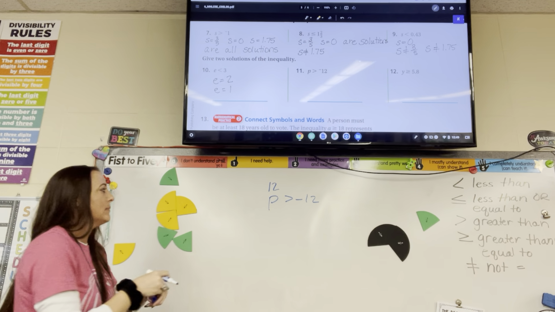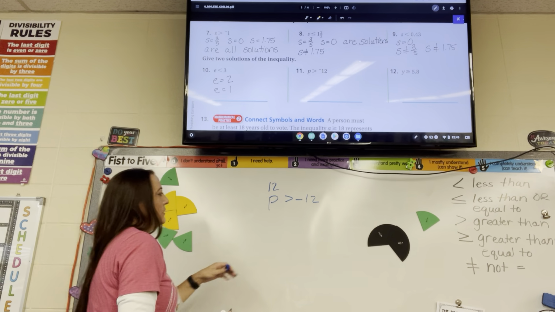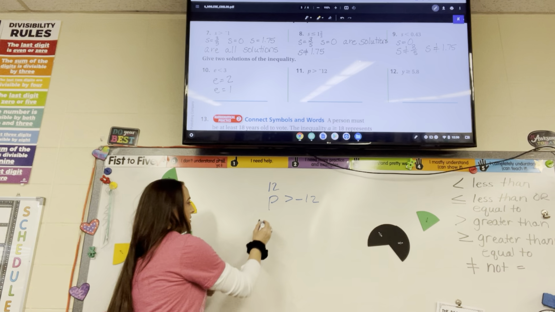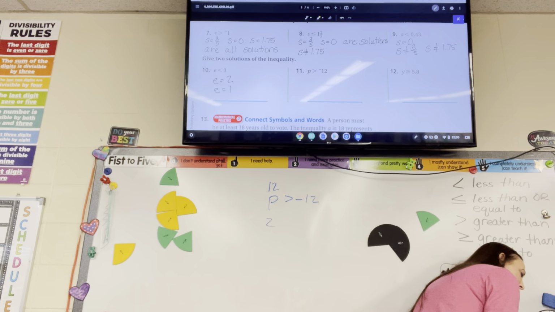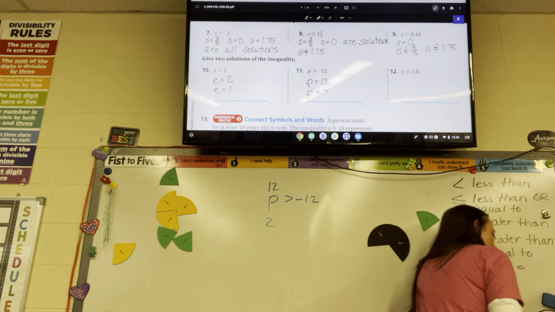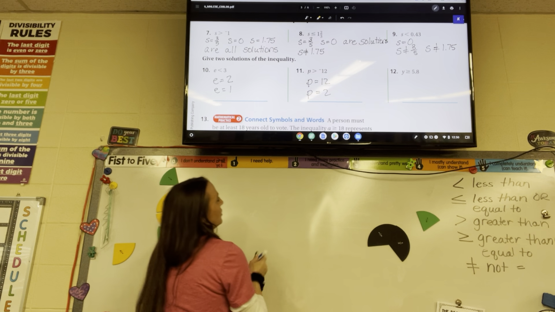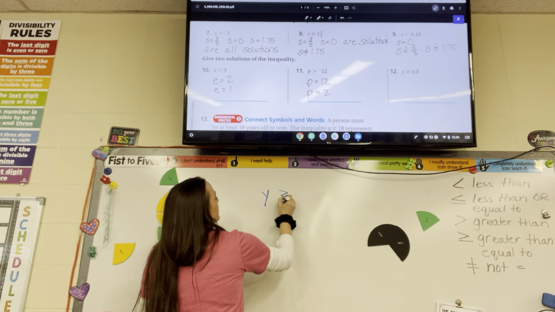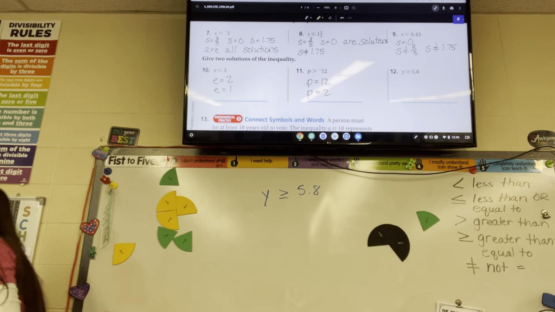And Katana, give me another one. Positive 2 is greater than negative 12. So P equals positive 12, or P could equal 2. Good.